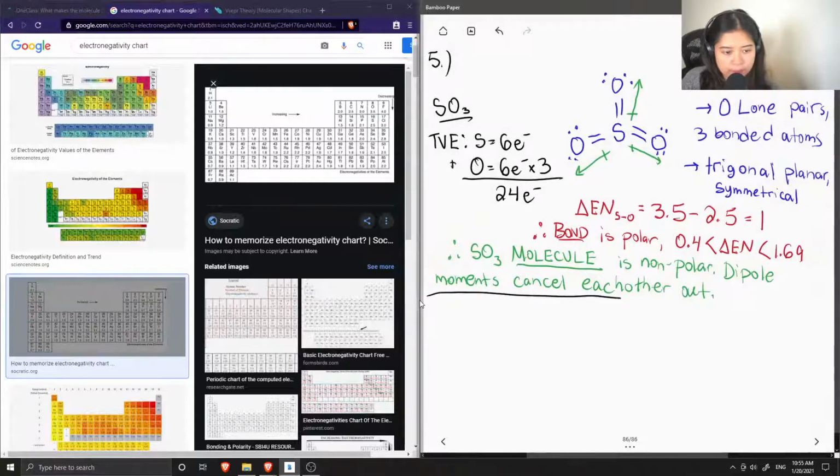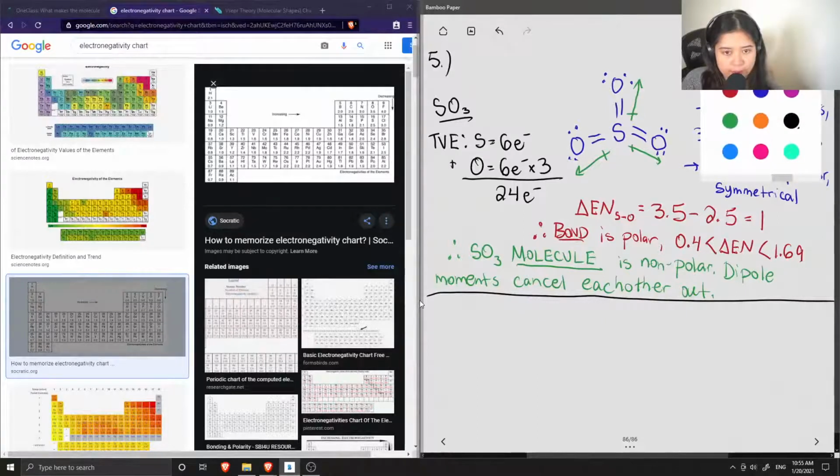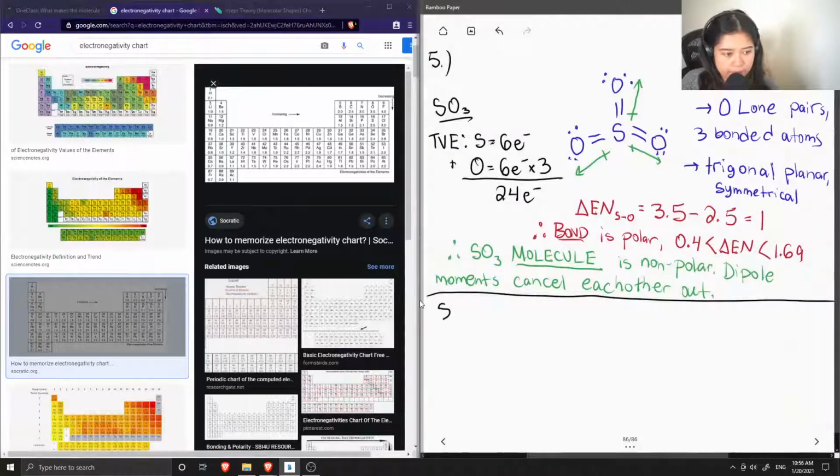We can compare the SO3 molecule with a molecule of SO2. If we were to find the total valence electrons of an SO2 molecule, again, sulfur has 6, oxygen also has 6, but this time there are 2 atoms of oxygen. Then we have a total of 18 valence electrons.